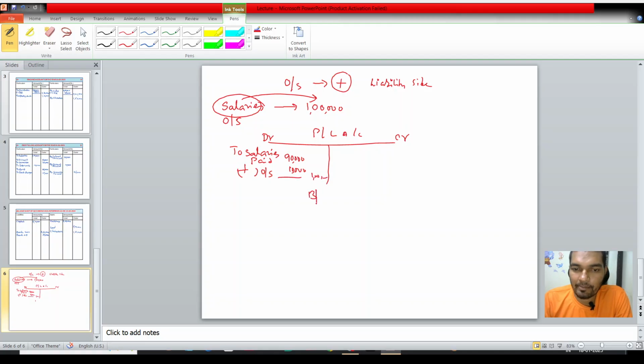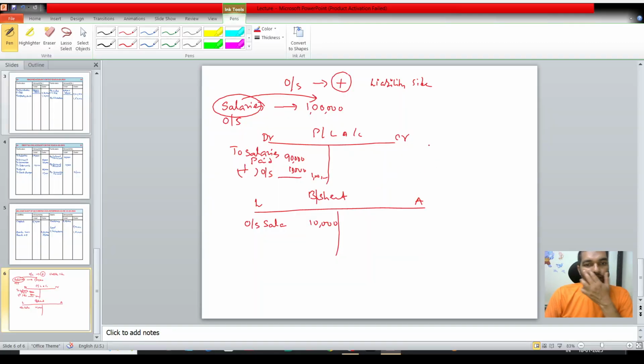And again in the balance sheet, the outstanding salary, this is liabilities, this is assets. So outstanding salary payable is a liability to company. Outstanding salaries. How much outstanding salary? 10,000.